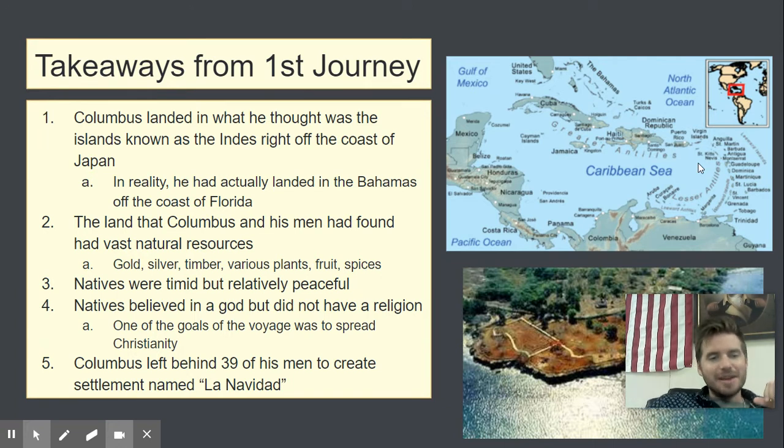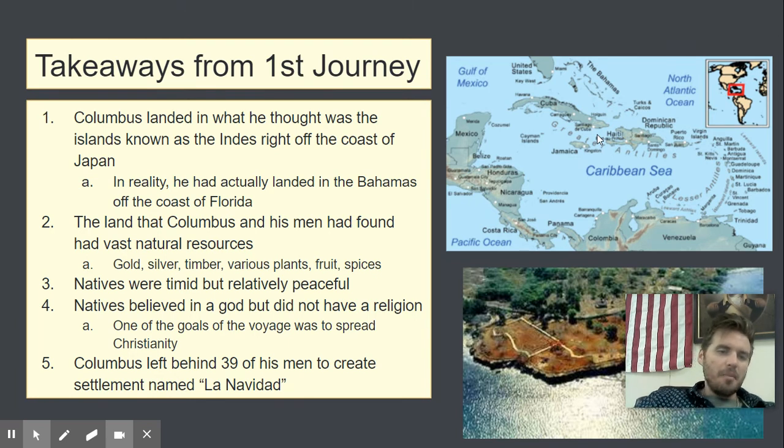It talks about the natives being timid but relatively peaceful. He talks about how they do not know much about weaponry, but they do have scars over their body, so it looks like they have been in conflict. They talk about the Caribs, the native group in this area that these natives are calling cannibals and saying they're very animalistic.